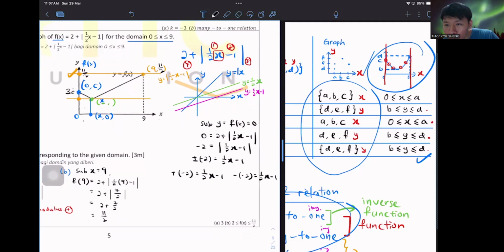Sub x to 9, because we are finding this point first. We need to get these two numbers right for the range, the biggest here and the smallest here. So this working is for the one on top only. Now the one you're doing here is for the bottom.